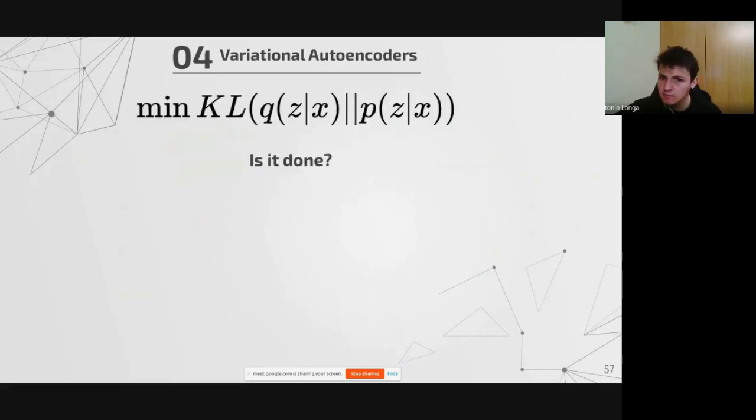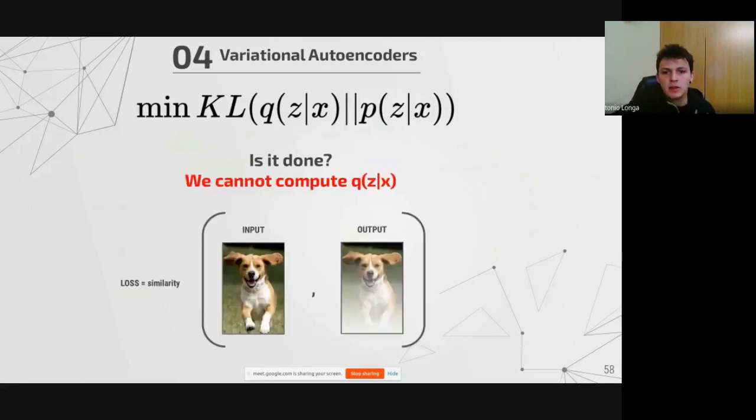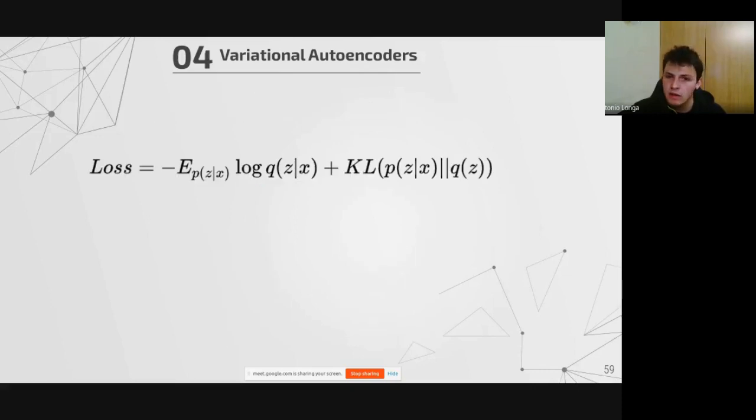Is it done? Nope, because we cannot compute q(z given x). And moreover, we want the reconstruction and our previous similarity. However, it has been proven by the authors of this work that this function here can be applied, and what is the difference?